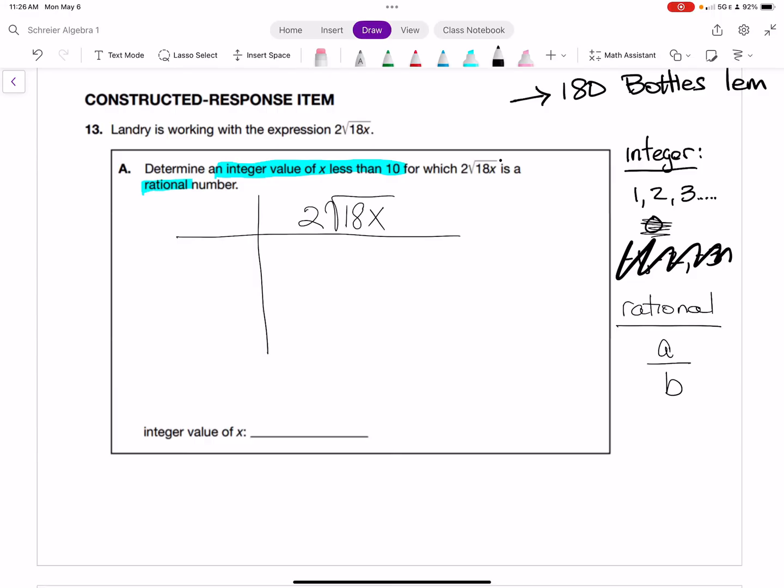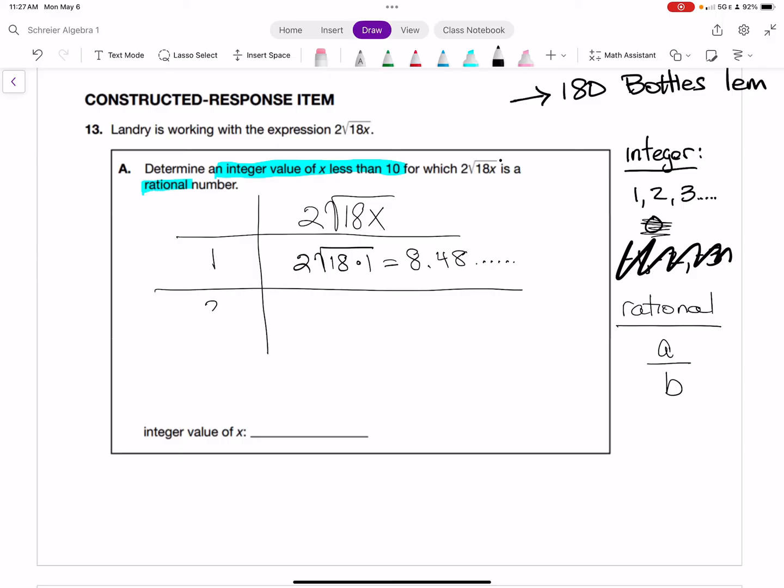And we're going to look at first the value 1. So we can just put this into our calculators if we want to, because we're allowed to use a calculator. So if I put 2 root 18 times 1 in my calculator, I get approximately 8.48, and then it goes on and on and on and doesn't stop. So that's not rational.